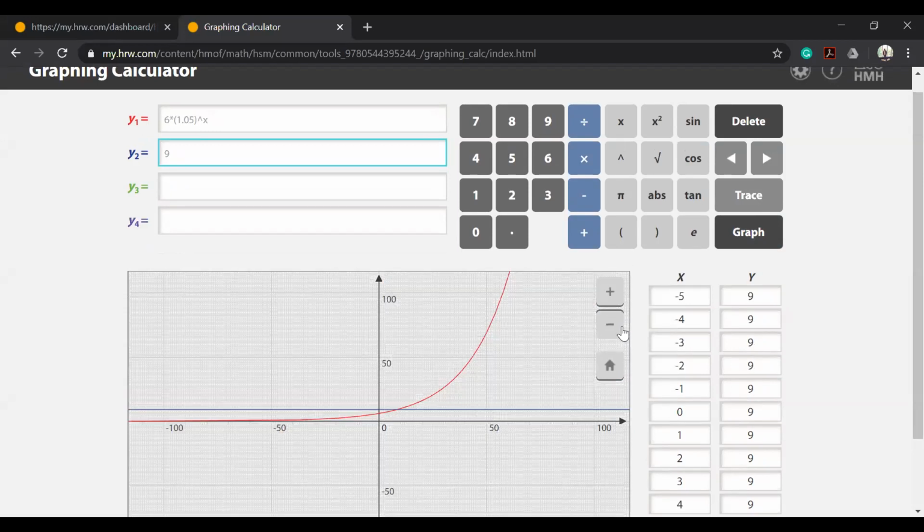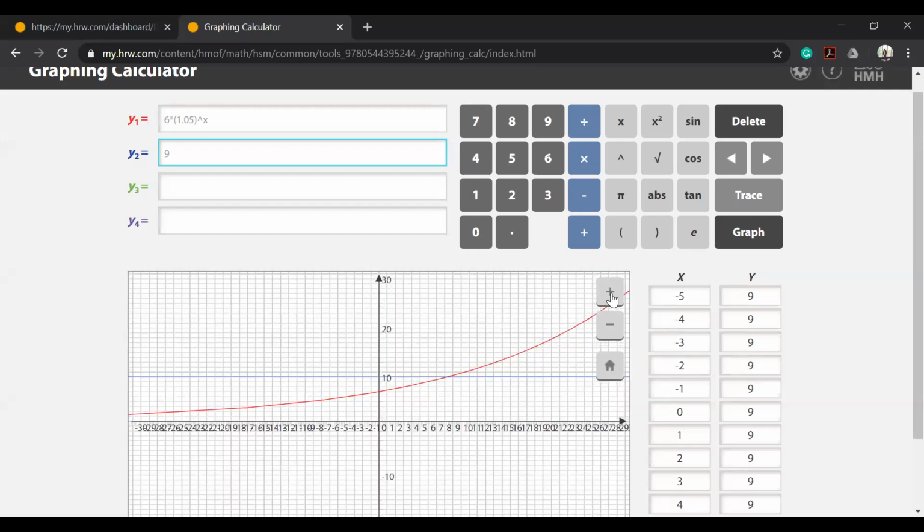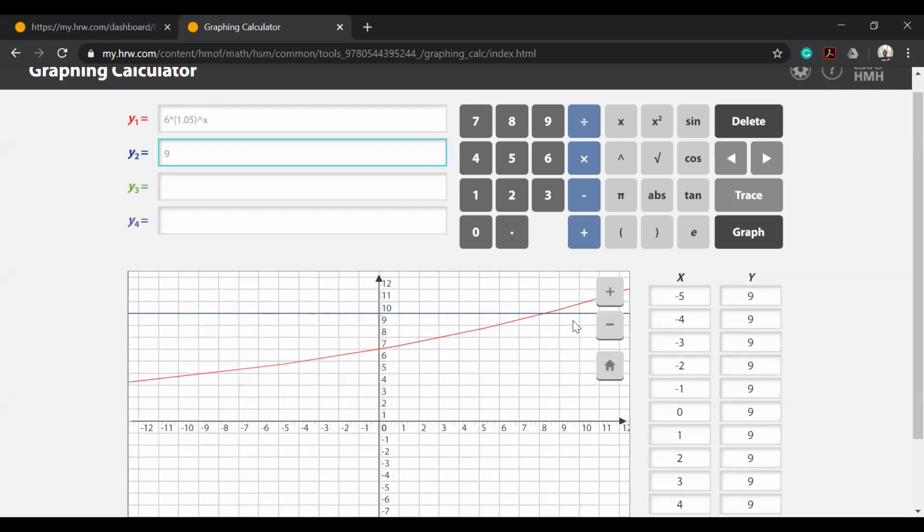This is my red function, the exponential, and this is y equal to 9. If you increase, my solution is in here. To find this, I'm just going to trace this point.